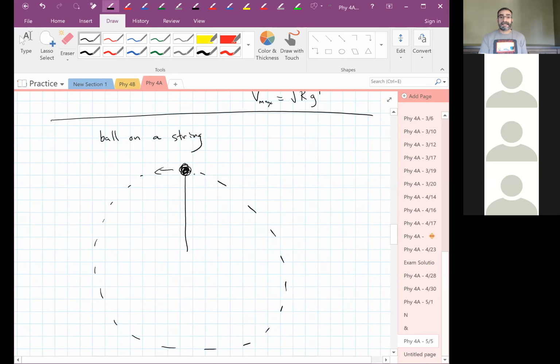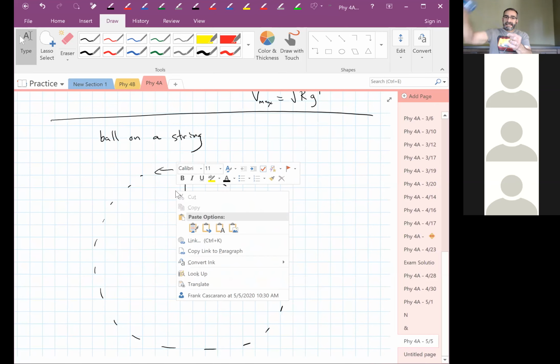Find, in this case, the minimum speed needed to keep this moving in a circular path as it goes over the top of the circle. So we've got our object on a string, right, moving in a circular path. And when it gets to the top, we want to know what's the minimum speed we have such that that object continues to move in a circular path. Because if we try to go too slow, what's going to happen? It's going to fall off that path and spiral in, right?